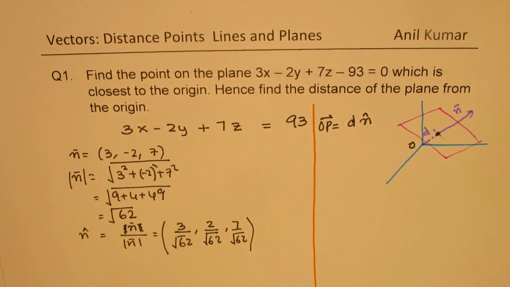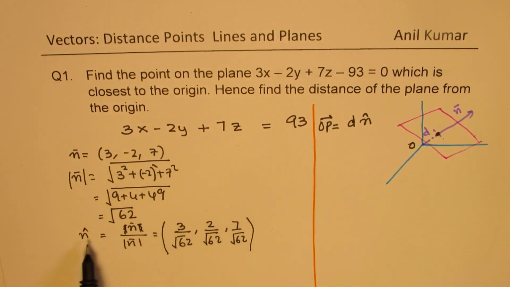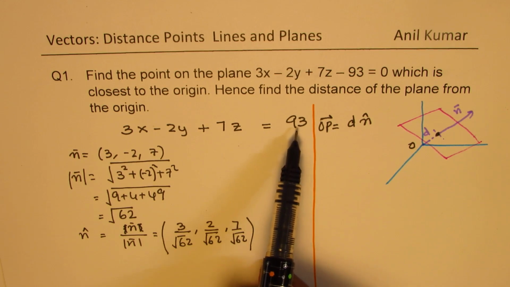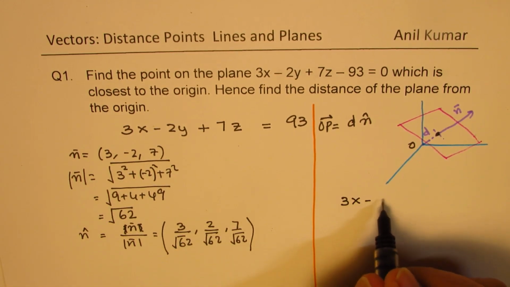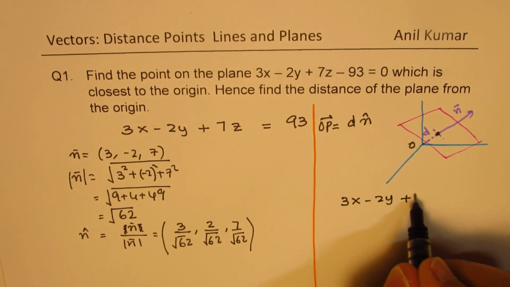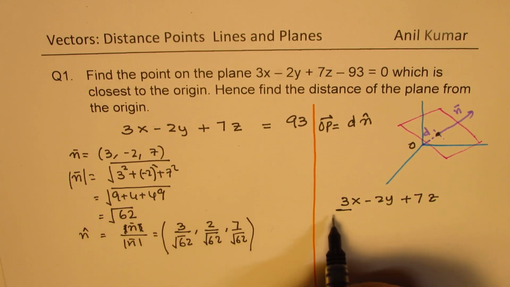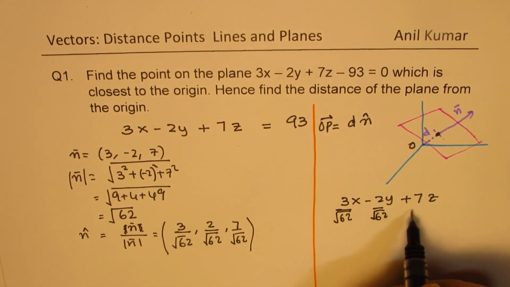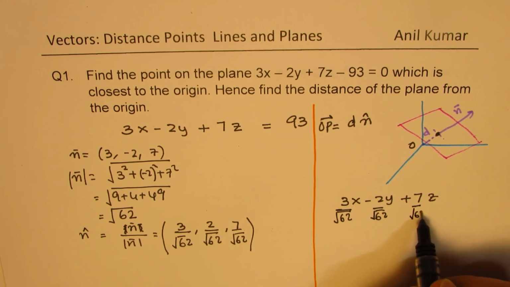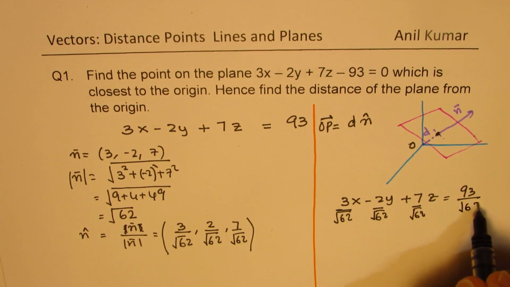Is that clear? Right. Now the second part is, how do we find the distance? Well, if I divide by the magnitude of the normal, I get the unit distance, right? So let me rewrite this equation. We have 3x minus 2y plus 7z, and if we divide by the magnitude, which is the square root of 62, this equals 93 over square root of 62.